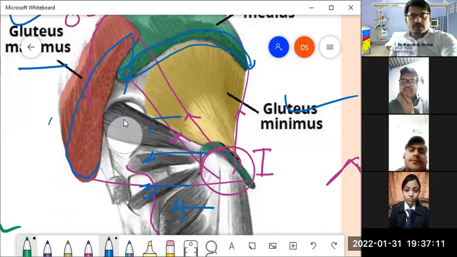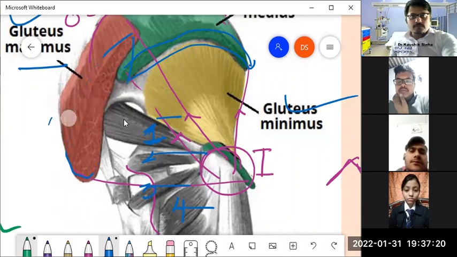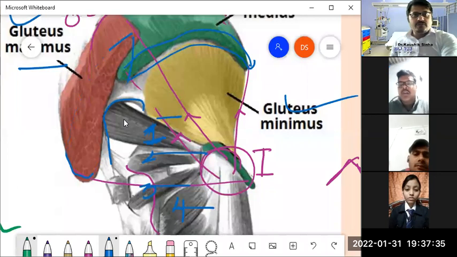I'm speaking of this muscle that I have labeled here as 1. This is the sciatic notch. Did you observe it? In the hip bone, there is the notch present. We are viewing the entire structure from the posterior side. That means the anterior view is hidden.